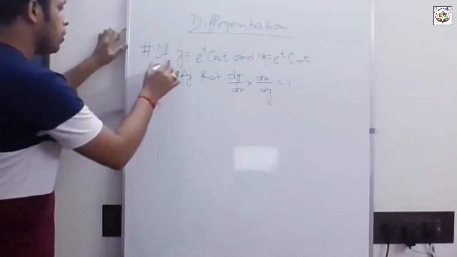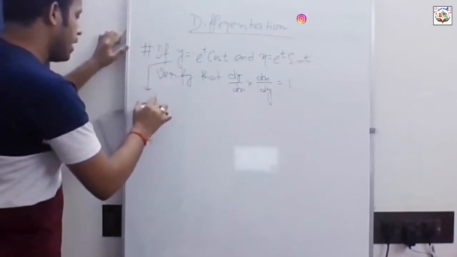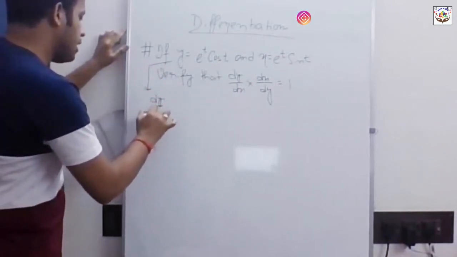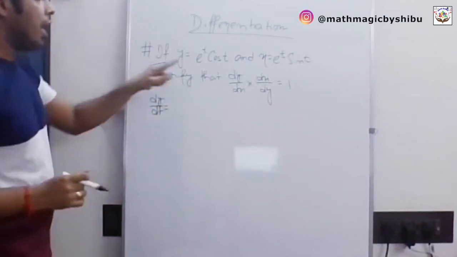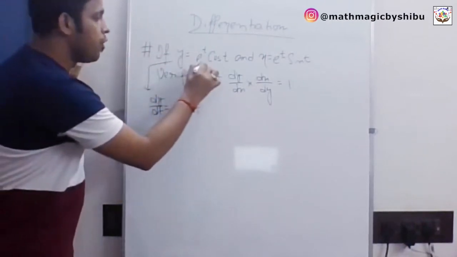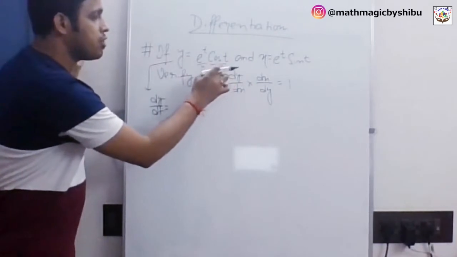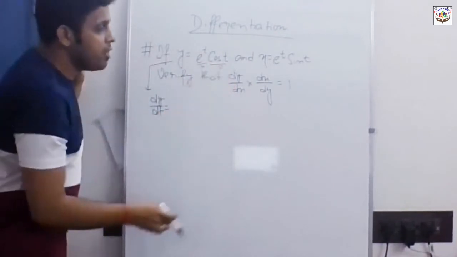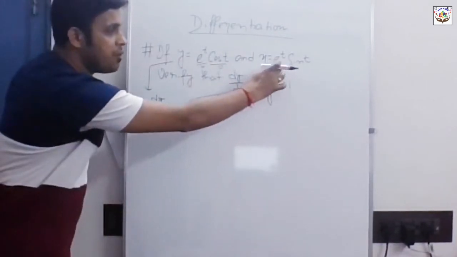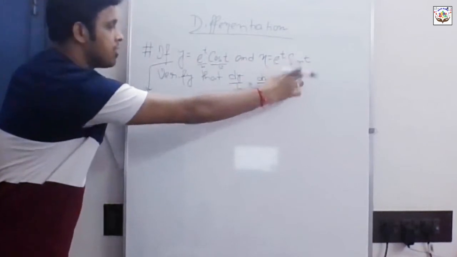Okay, so if we do that, we get dy/dt. As it is in u into v form, it is a u function and you can consider it as v function. So similarly it is a u function and you can consider it as v function.